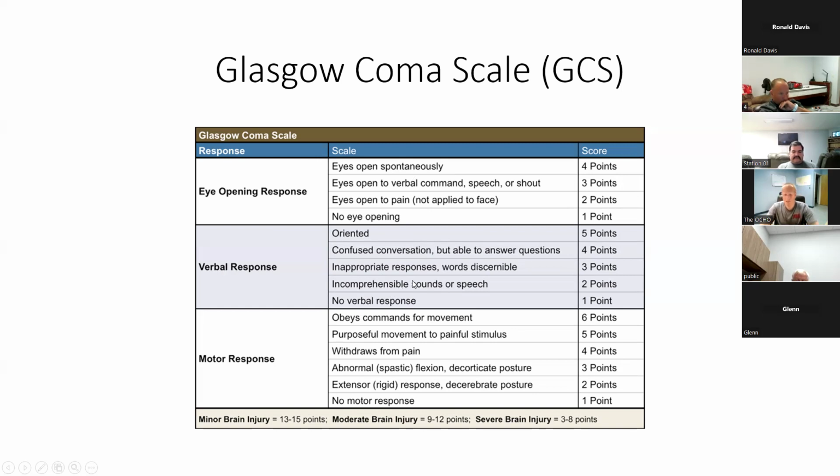The motor response, this one can be a little tricky, but I got a pretty easy tip that can help you memorize this. One of the significances of this motor response is it's heavily weighted, and what that means is there's 6 points assigned to it. So this has the potential to cause the most injury to the patient.